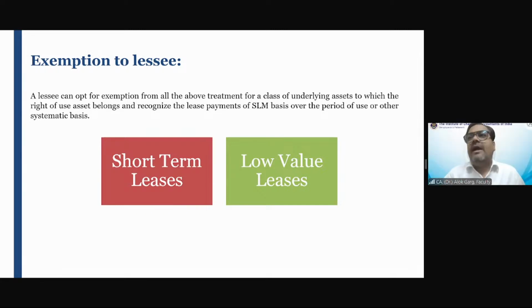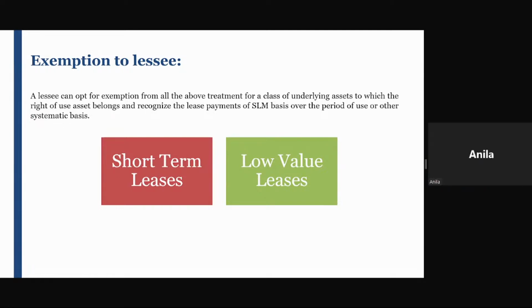Anila, typically, if the security deposit is refundable, it will not form part of your right of use asset. Why? Let's say you have taken a premises on a lease basis for 5 years. You will pay rental for the 5 years, the future rentals.